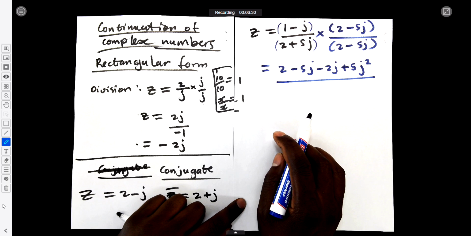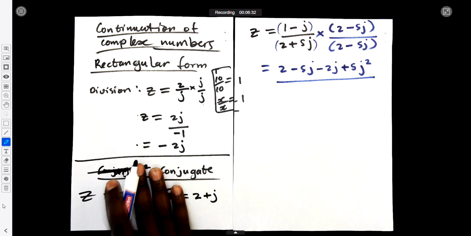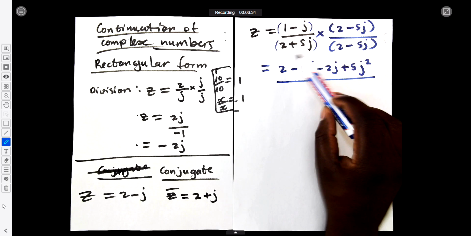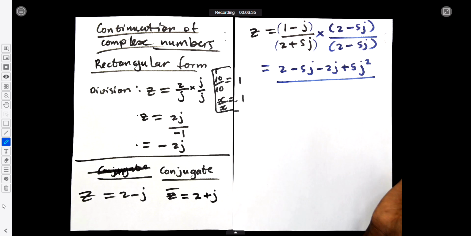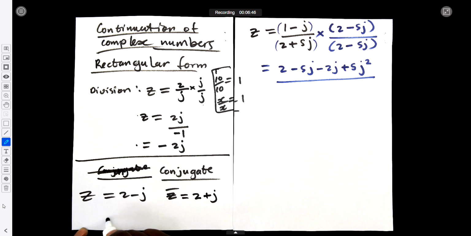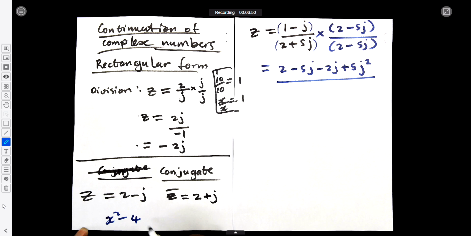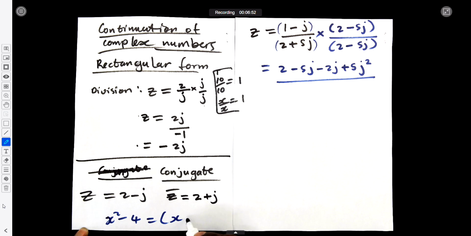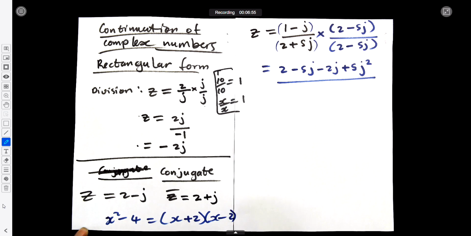I hope by the look we know what is happening in the denominator. I hope you see we're having difference of 2 squares. I hope we still remember difference of 2 squares. If you recall, for an example, if we had x squared minus 4, when we factorize the difference of 2 squares it is x plus 2 and x minus 2.